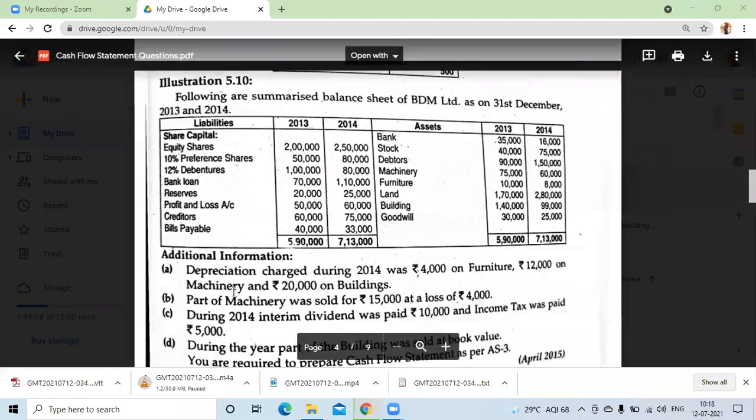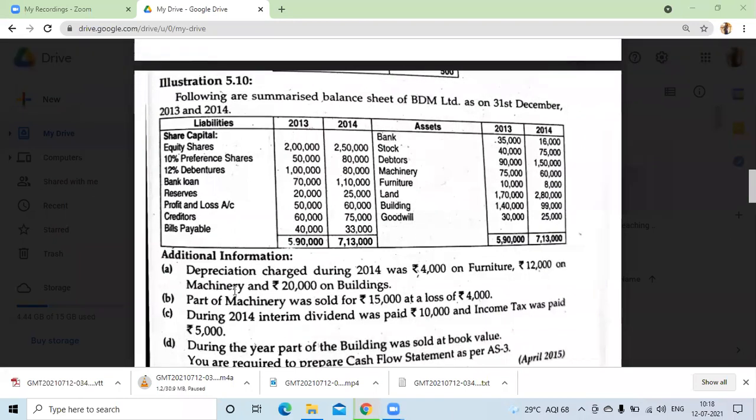Okay, now additional information, means adjustments, are given. So first adjustment is depreciation charged during the year 2014: 4,000 on furniture, 12,000 on machinery, and 20,000 on building. So everything is given: machinery, furniture, and building. Depreciation for everything is given. You just have to make a ledger account and then post this entry there.